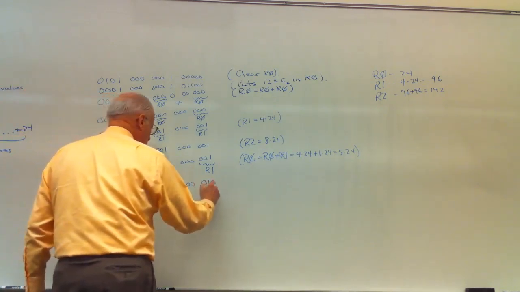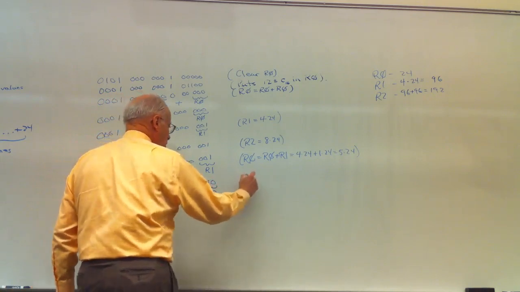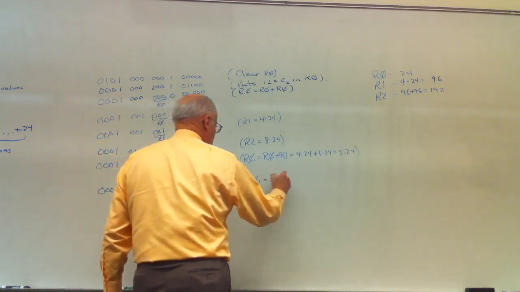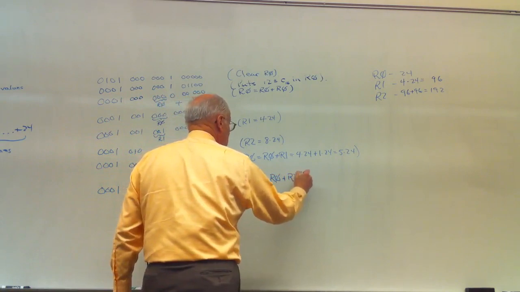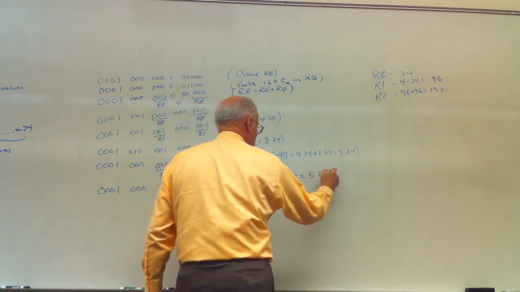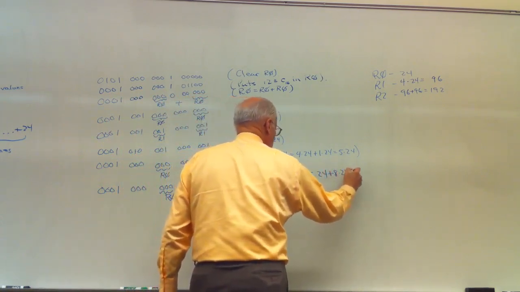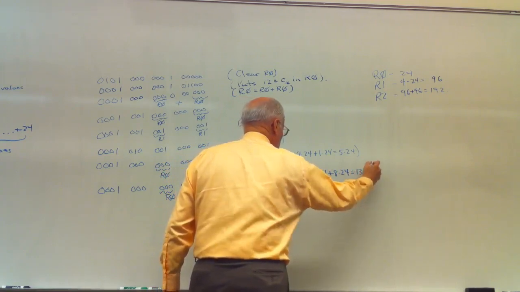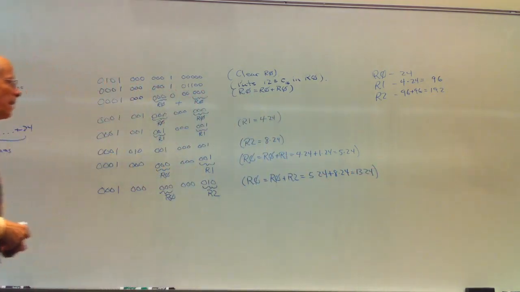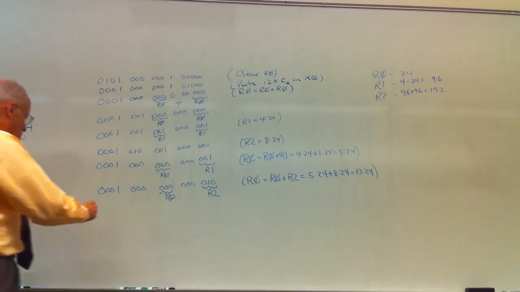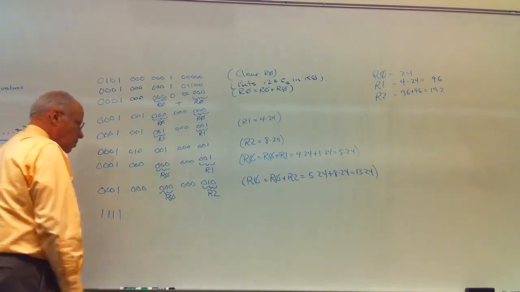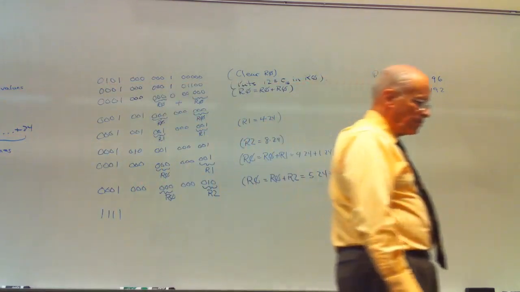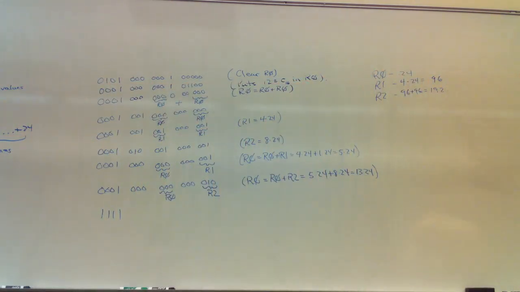Register 0, register 2, so now register 0 is register 0 plus register 2, which is 5 times 24 plus 8 times 24, or in other words, 13 times 24. And that's the end of our program, so we will use the halt instruction, or the trap instruction.